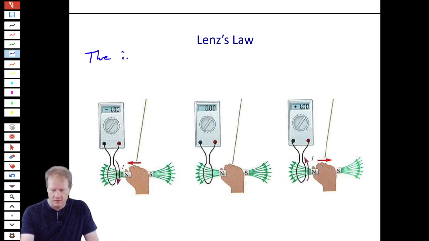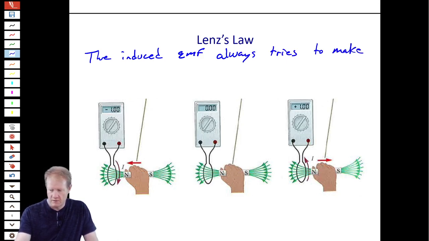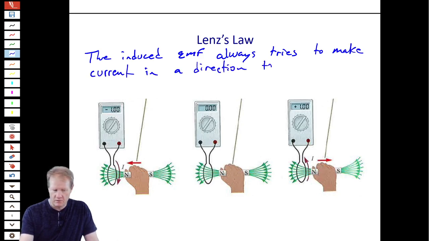The induced EMF, or voltage, always tries to make current flow in a direction to keep the magnetic field the same. It doesn't like a change in magnetic field.